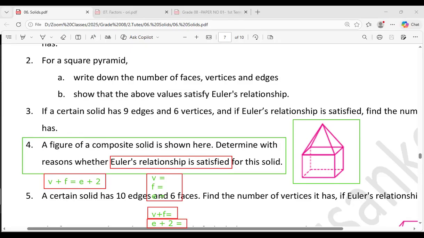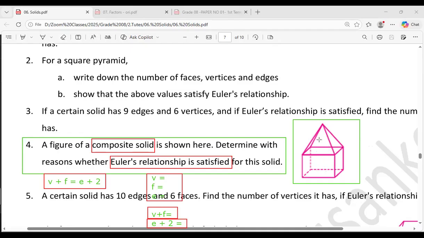Do we take the V plus F for the cube separately? No. You have to count all of the things together. Now this is a composite solid. That means there are two solids and they have been pasted together, on top of each other.